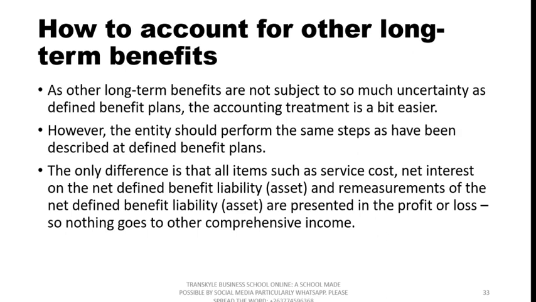The only difference is that all items such as service cost, net interest on the net defined benefit liability or asset, and remeasurements of the net defined benefit liability are presented in the profit or loss, so nothing goes to the other comprehensive income.